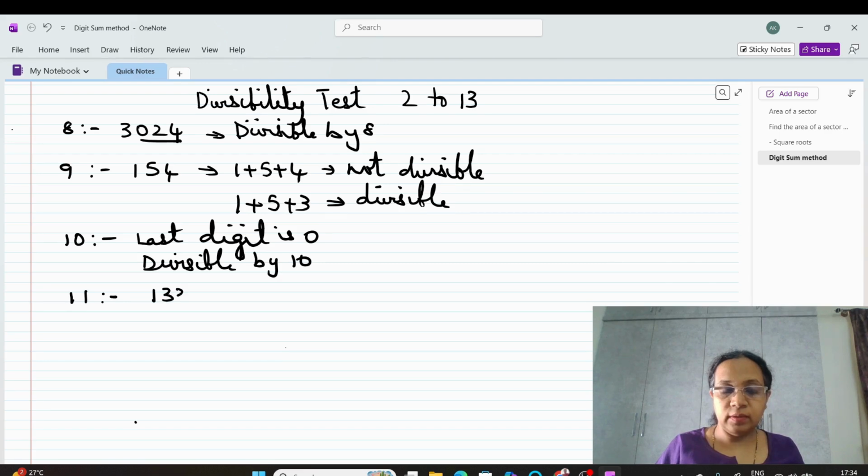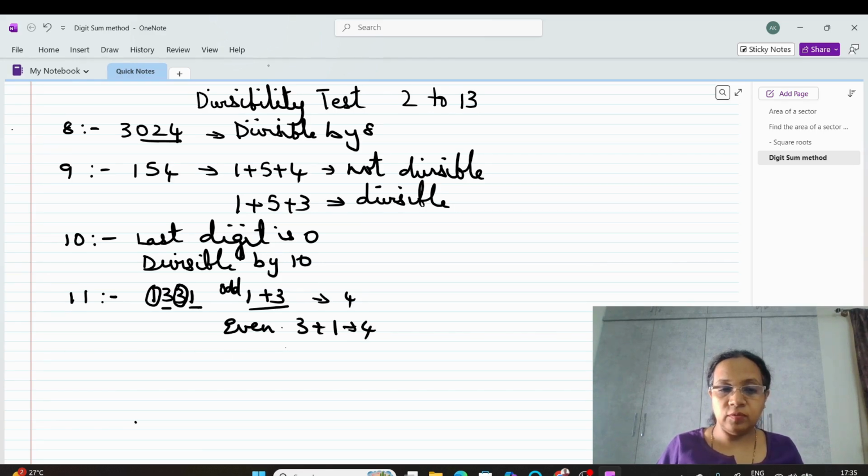Let's look at the number 1331. We will look at the digits in the odd places and the digits in the even places. So the digits in the odd places are 1 and 3. So we will add them. And the digits in the even places are 3 and 1. We will add them. You get 4 in both the cases.